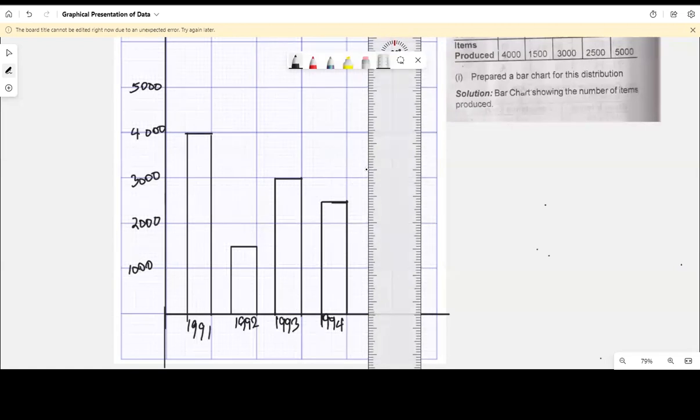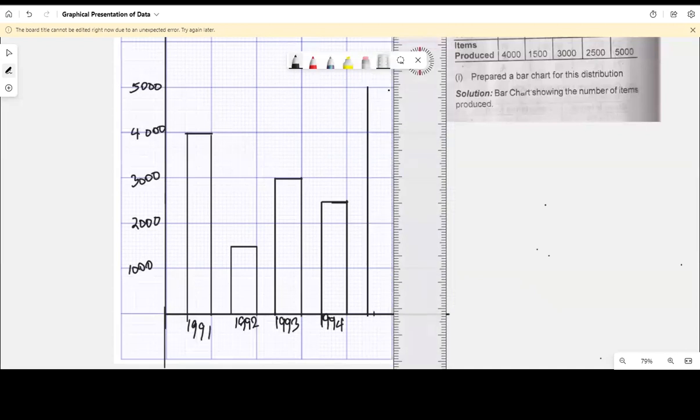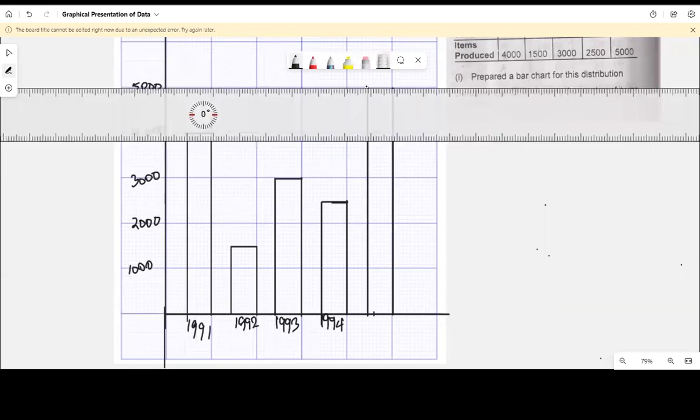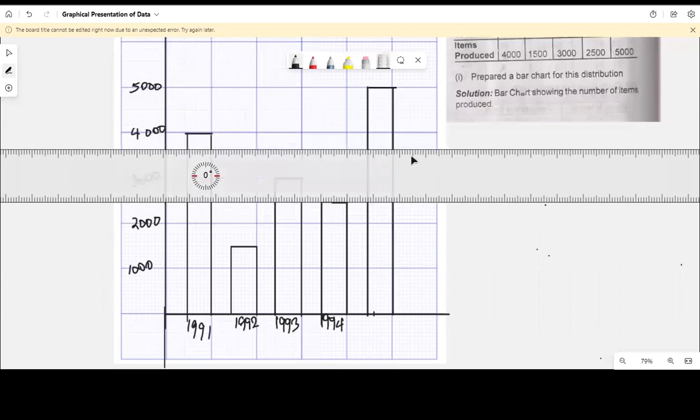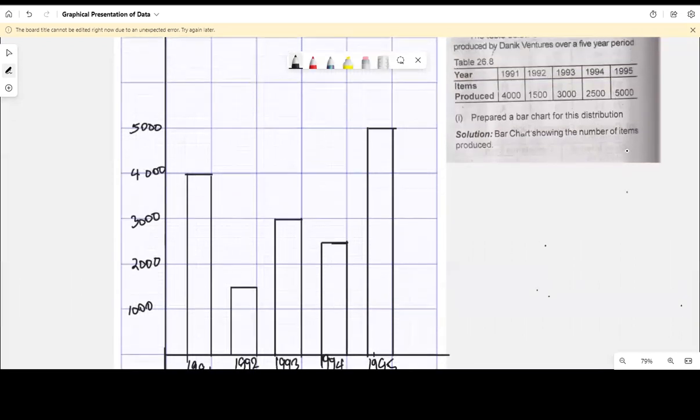That is it, going all the way to 5,000. Okay, that is 1995. So this is a bar chart showing this data that we have here.